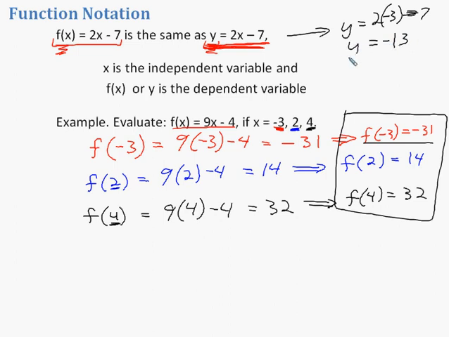But when I have y equals negative 13, that doesn't tell me that I put a negative 3 in for x. And so that's an advantage of function notation. Another advantage is I could have this function, which I might call f of x, and another one called g of x, and I can differentiate between the two of them.